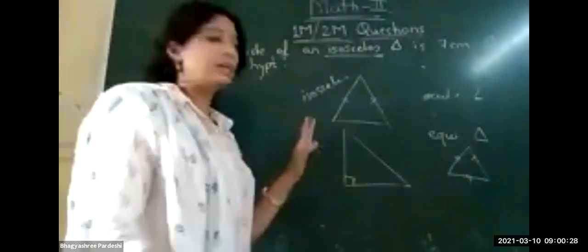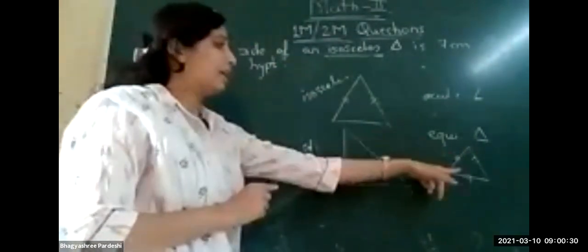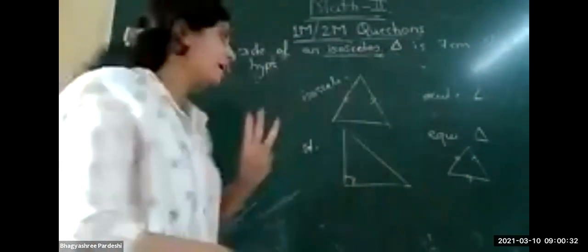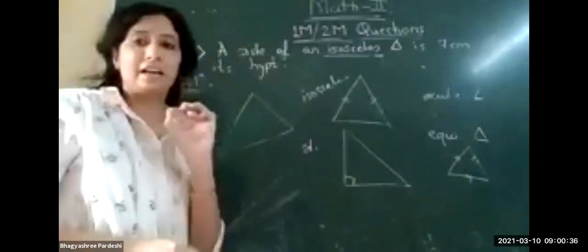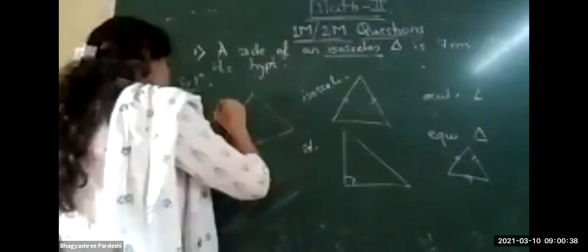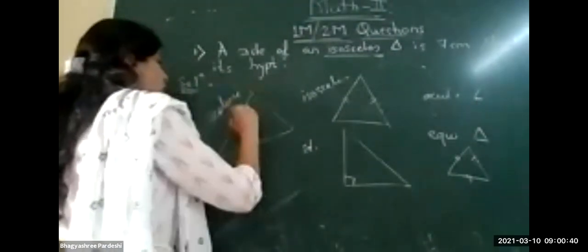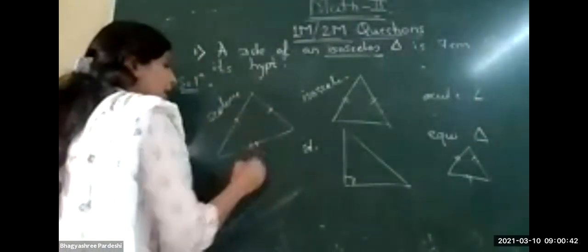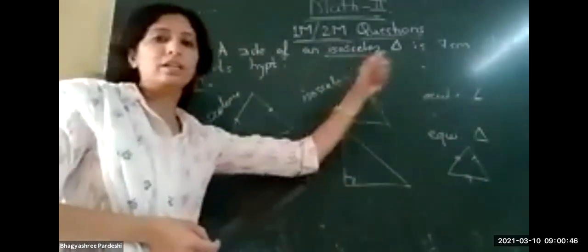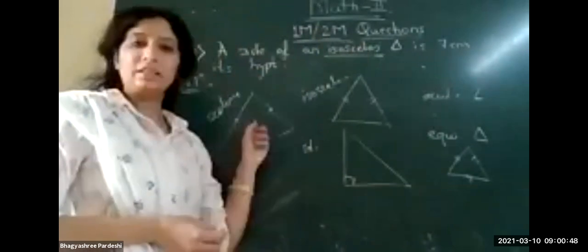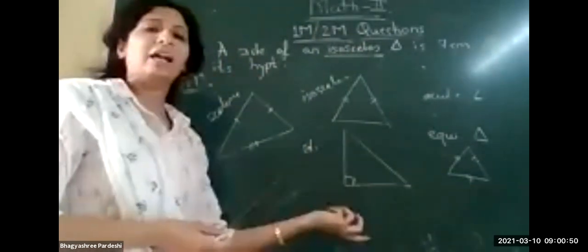One is isosceles, where two sides are equal. Next is equilateral, where three sides are equal. And one more triangle is there, that is the scalene triangle, in which all three sides are different. So these are the three main types of triangle: isosceles, equilateral, and scalene. Next is the right angle triangle, which you know very well.